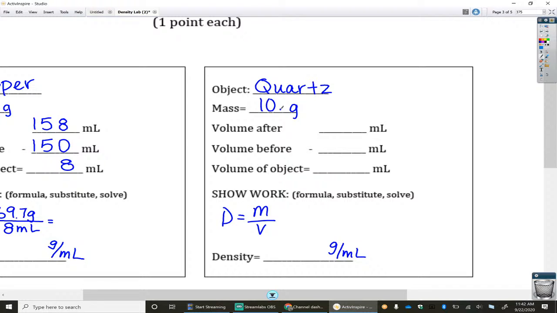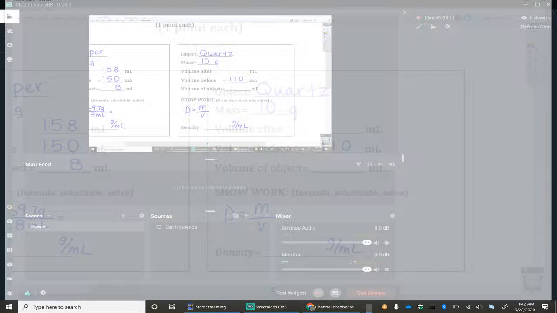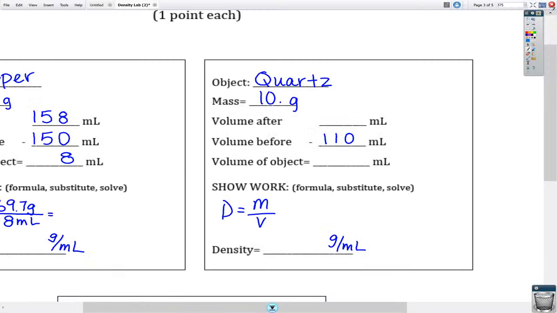Our volume, same way as I did before. So I'm going to take my water, pour it into my graduated cylinder. Our starting is 110. So that's our before, 110 milliliters. And now let's see what it is after I place my specimen.